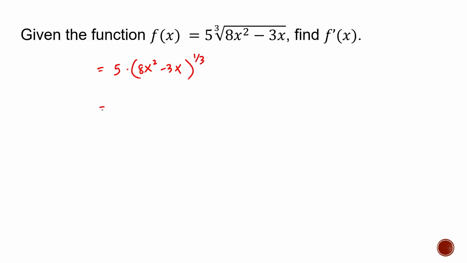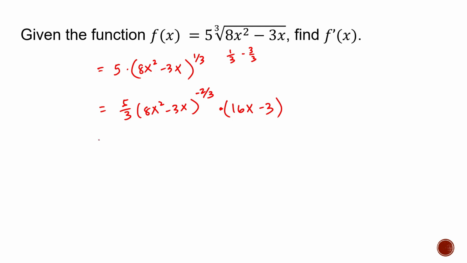So outer first, 1/3 times 5 is 5 over 3, times (8x squared minus 3x). 1/3 minus 3 over 3, that's minus 1, so negative 2/3, times the derivative of the inside. That's 16x minus 3.